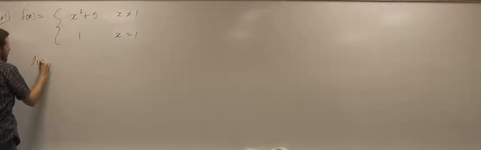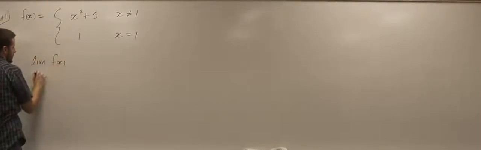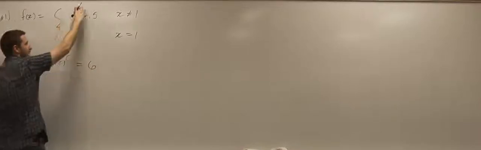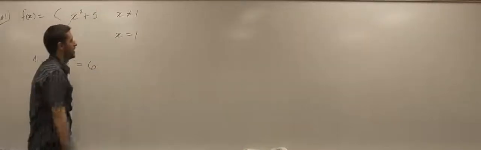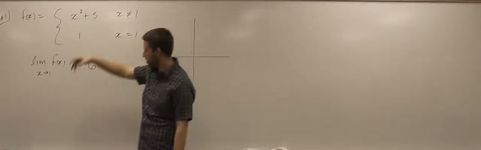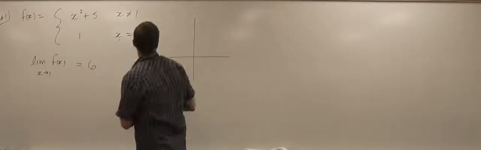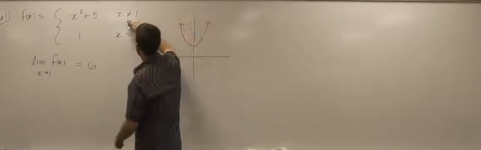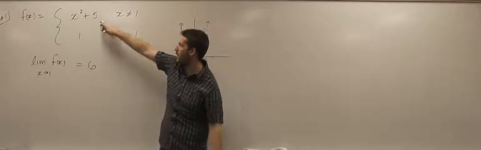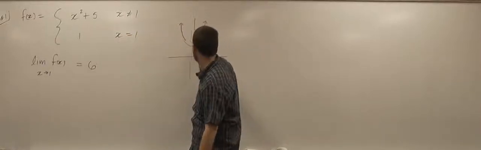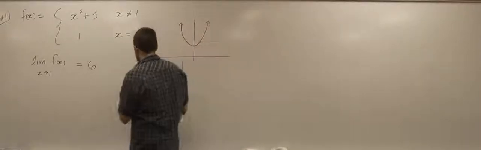Yeah, so the limit of f of x as x goes to 1 is equal to 6, because this is the guy that really dictates what's going on, right? The way this function looks, it's a parabola shifted up 5 for everything except 1. When x is not equal to 1, it's a parabola shifted up 5, and then when x is equal to 1, there's a hole, and it comes down to 1.